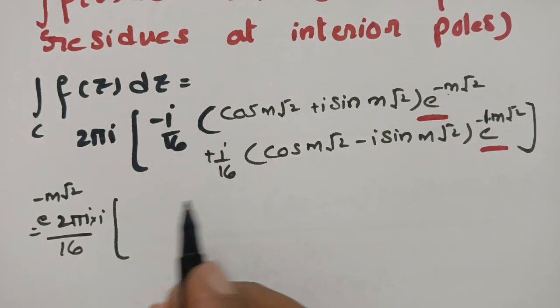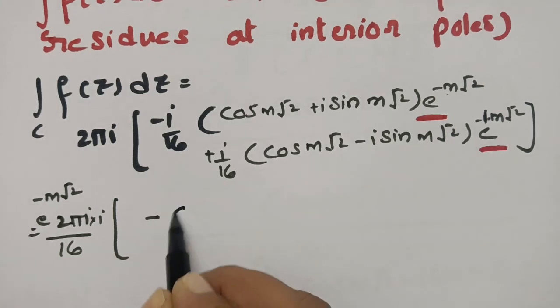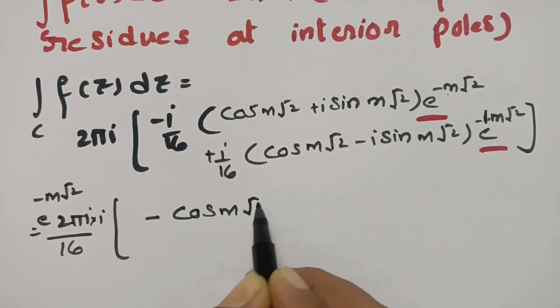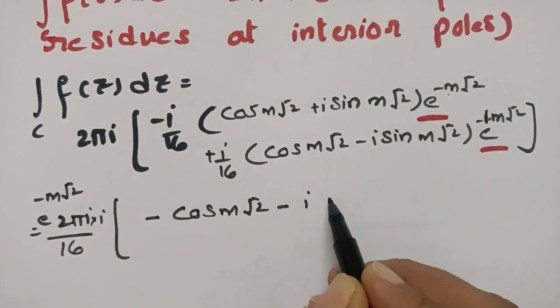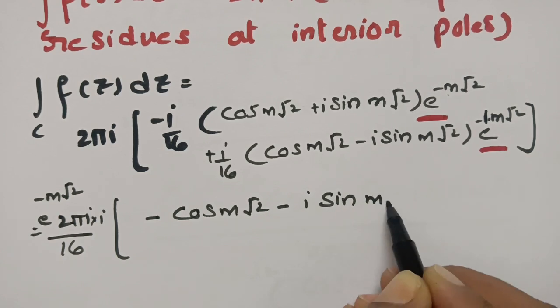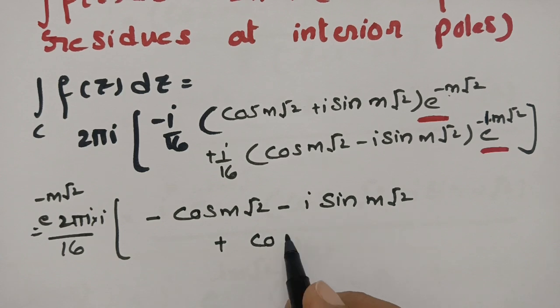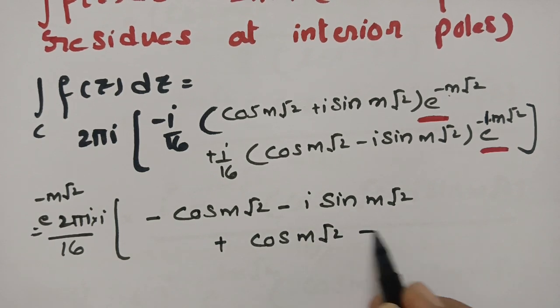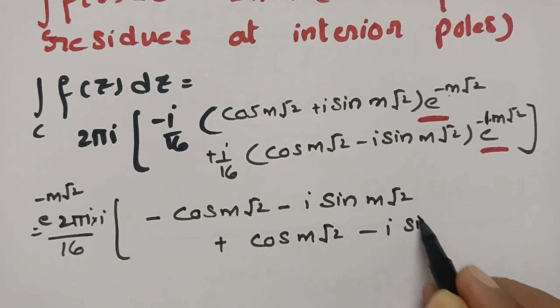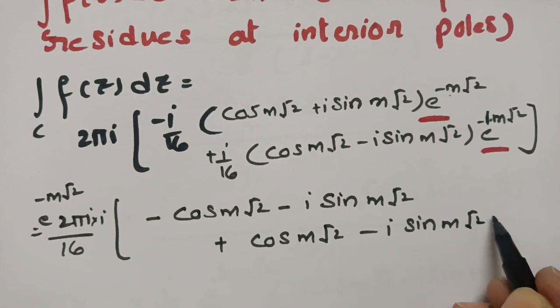If I send I minus inside, this will be minus cos m root 2 and minus I sine m root 2, and this is plus cos m root 2 and minus I sine m root 2.